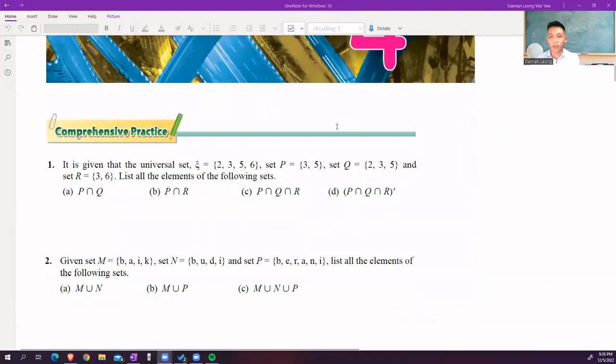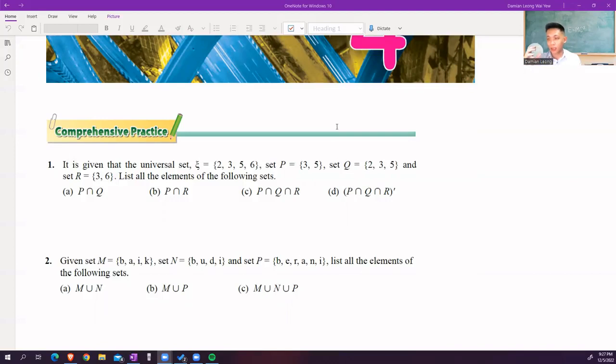So let's look at the comprehensive practice from the textbook. For this chapter, I will also explain as I go through the questions. Let's look at the first question here. I have the universal set, set P, set Q, and set R, with all the elements inside. Intersection is where they cross paths, where they overlap one another.